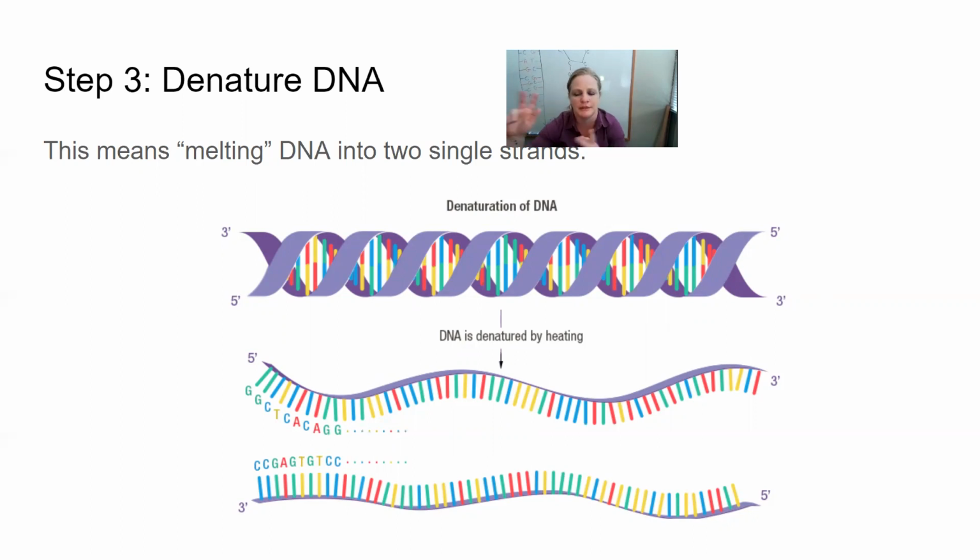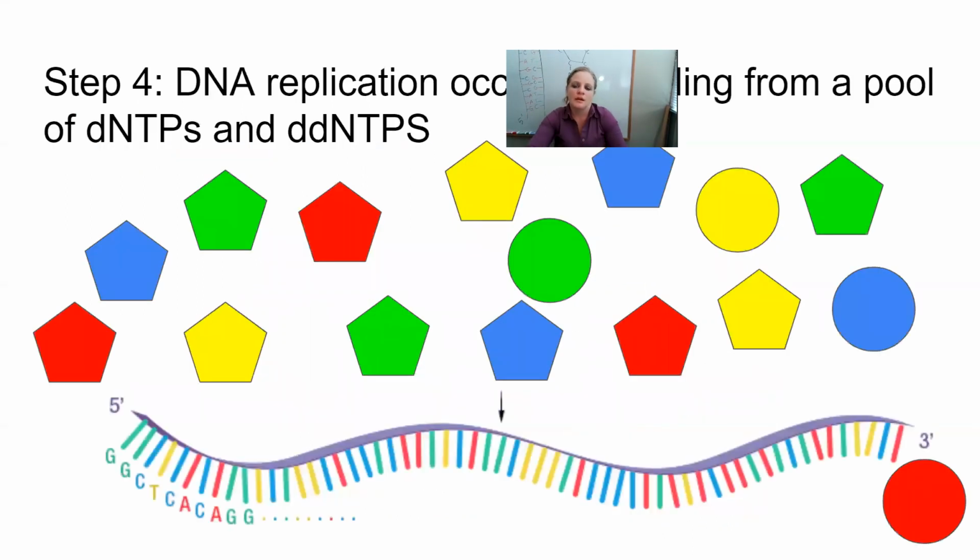That's what we mean by denaturing DNA or melting it. It's the same thing, just unwinding it. And then we have DNA replication happening from a pool of dNTPs and ddNTPs. Remember, these are the nucleotides that have been modified slightly, and the ddNTPs lack that 3' oxygen.